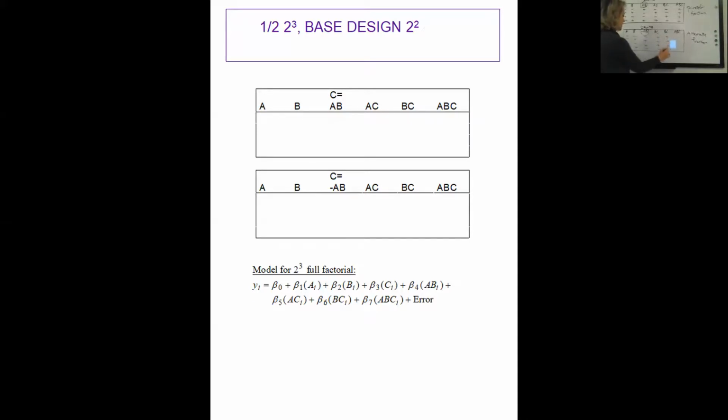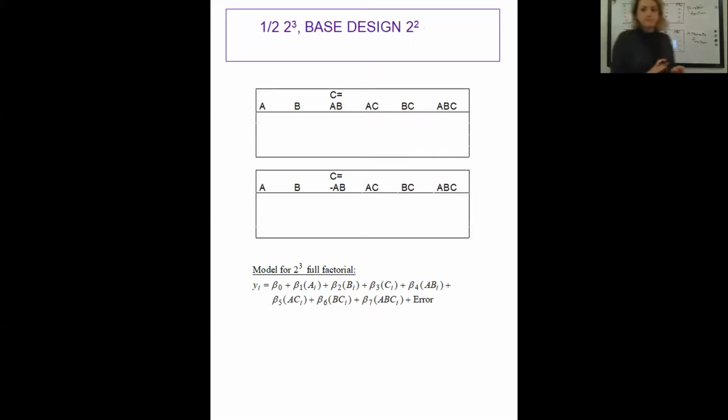It's very important that you check it again, that you don't have any typo, because whatever these signs are, you're going to find out the effects of these interactions based on that. And with that effect, you're going to find out your regression model. And then ABC is going to be negative, negative, negative, right?